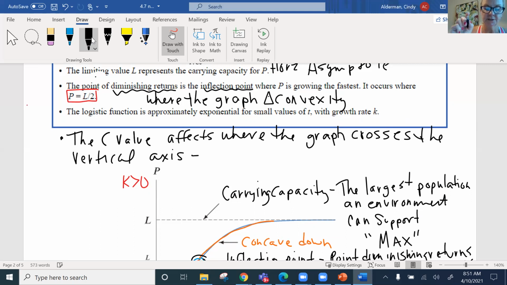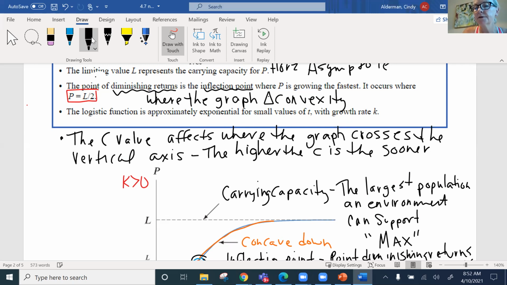And one thing that you should know, because they're going to ask you to pick out a graph based on some characteristics, is that the higher the C is, the sooner it's going to get there. The vertical axis.